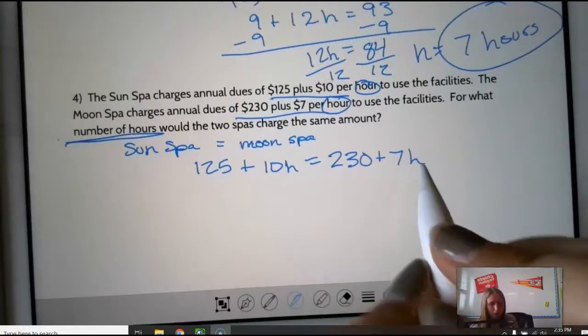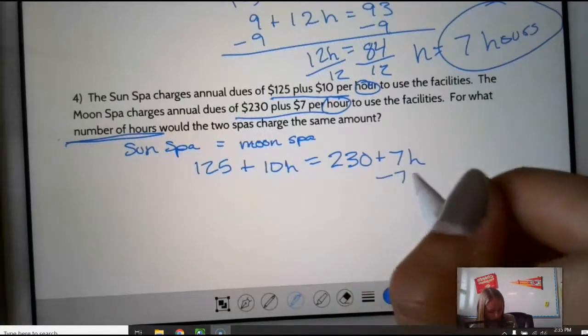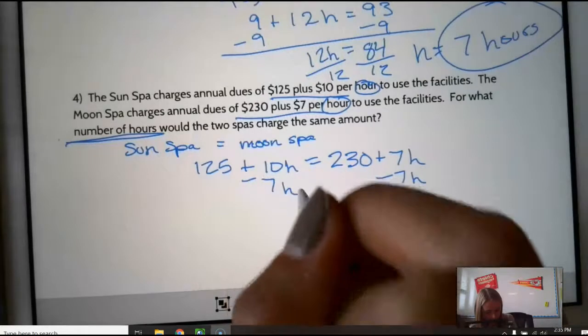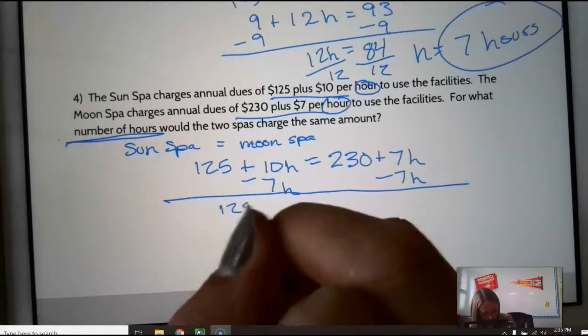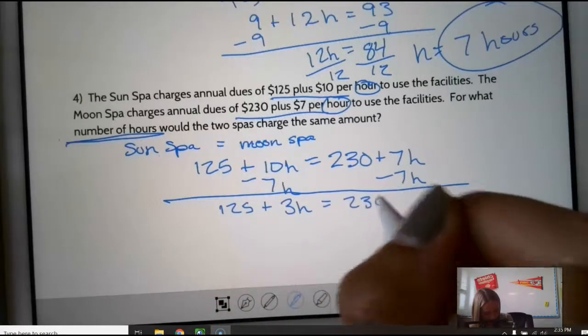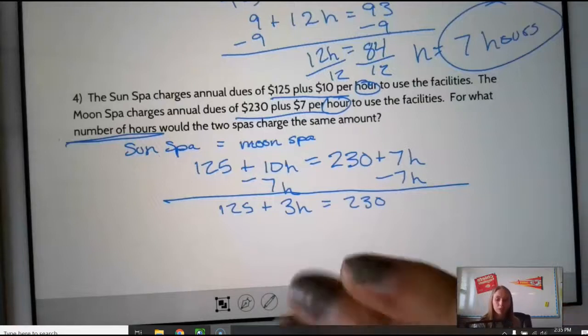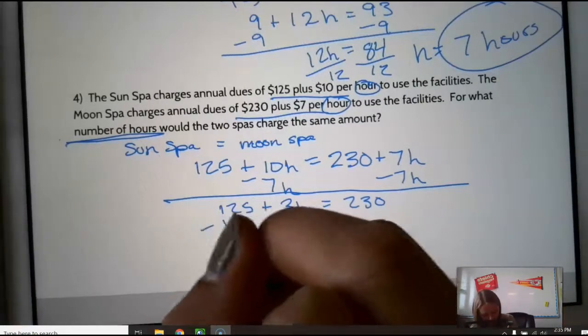So I like my variable to be on the left, so I'm going to subtract 7h from both sides. And I get 125 plus 3h equals 230. I want to get that 3h by itself, so what I'm going to do now is subtract 125.